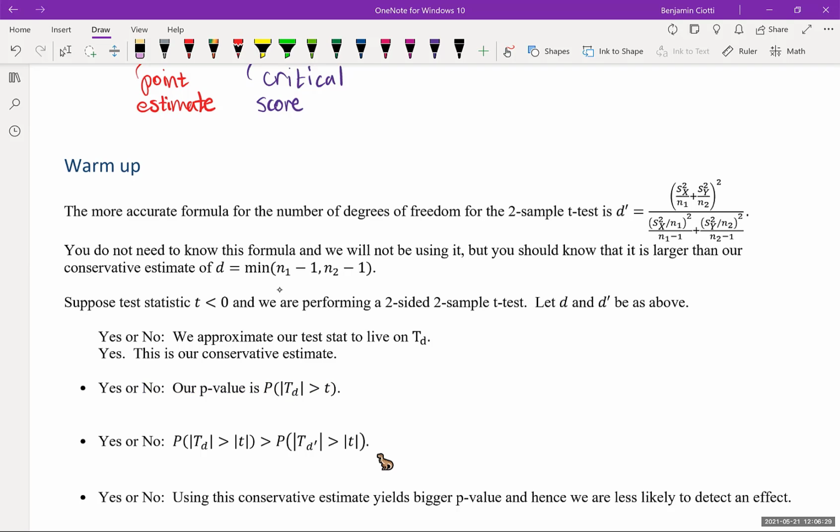And this is all under the assumption that our test statistic t ends up being negative, and we're performing a two-sided two-sample t-test, and D is the one that we use.